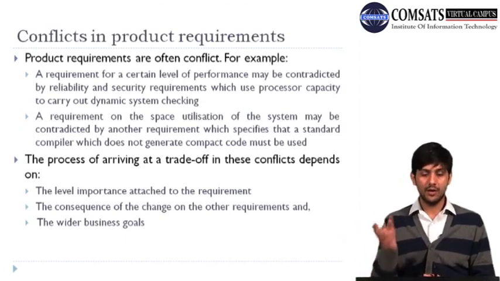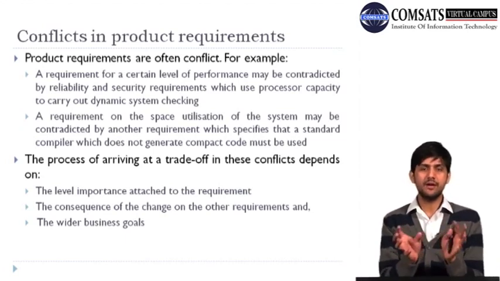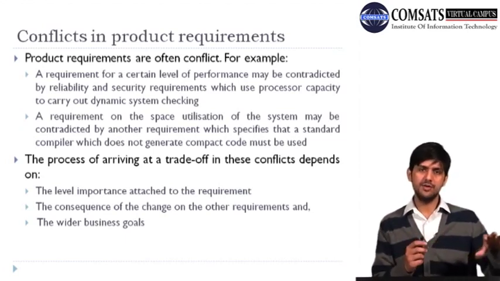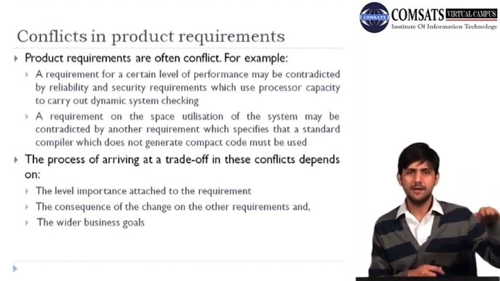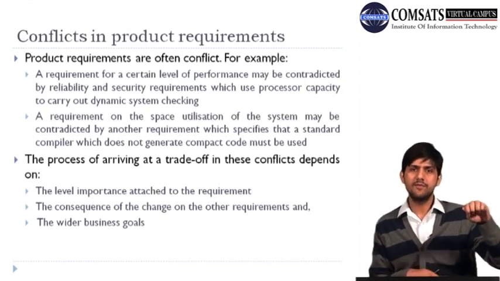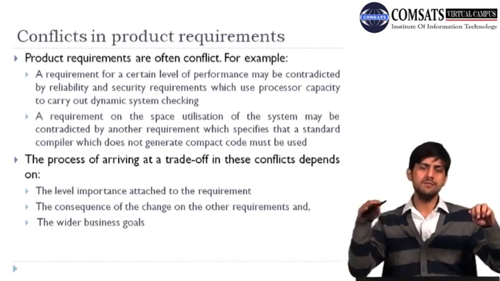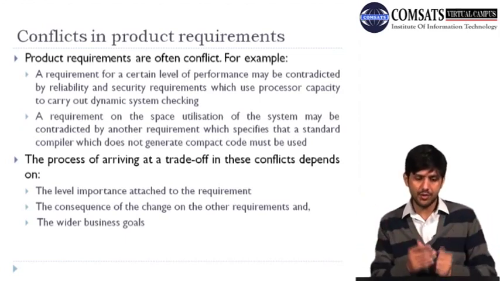Now you have another requirement of space utilization, so they are contradictory, because on the one hand you are trying to limit the development of the product by saying only do that in this particular environment, whereas on the other hand you're saying the system should use less space. So you cannot actually do both.